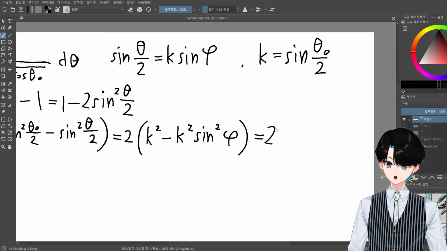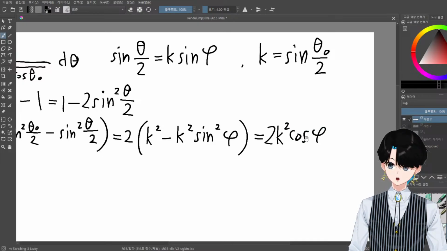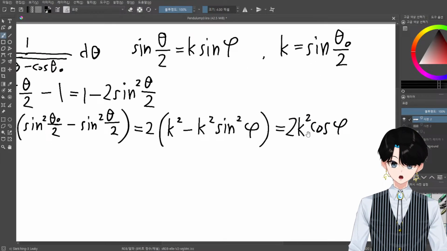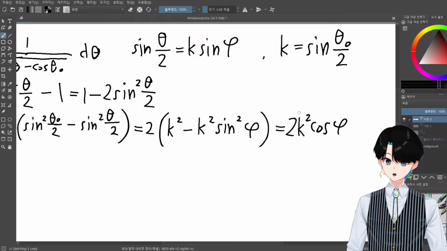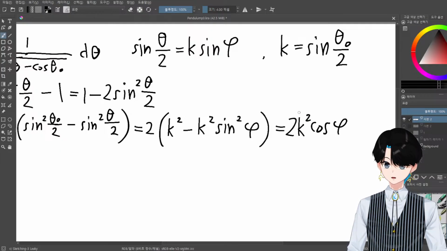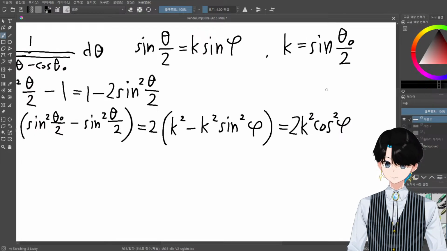Okay, and this will be 2k squared cosine squared b. Yeah, I think I'm doing this correctly. A squared times 1 minus sine squared b gives cosine squared.